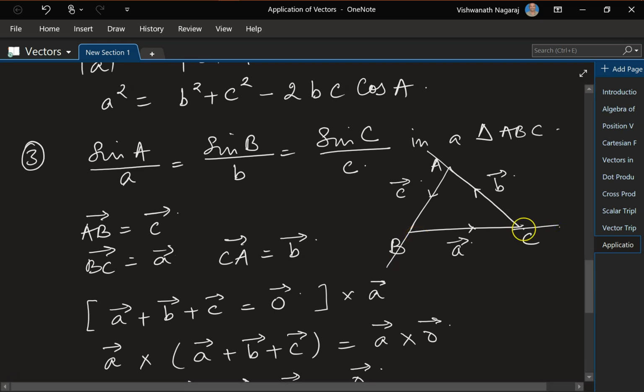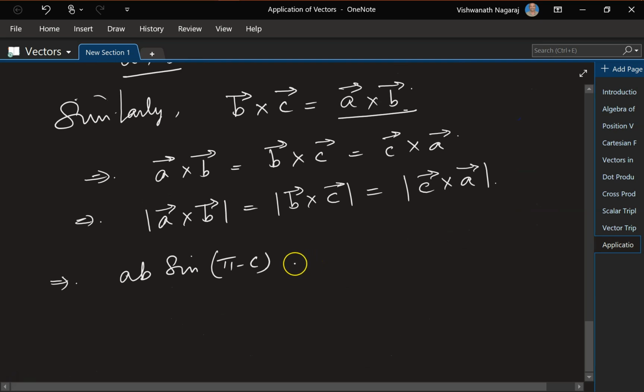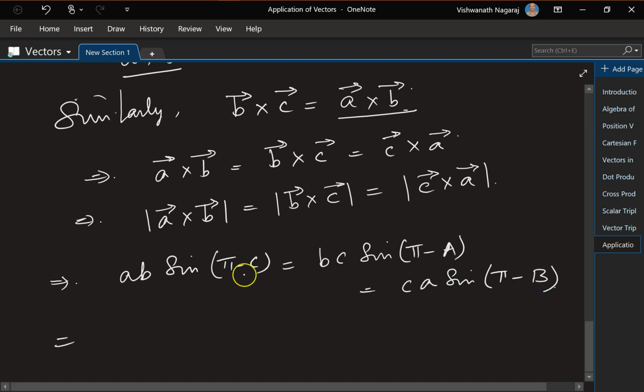Then this would be pi minus C, because this is angle C. So AB sin pi minus C is equal to BC sin pi minus A is equal to CA sin pi minus B. Now sin pi minus theta is sine itself.